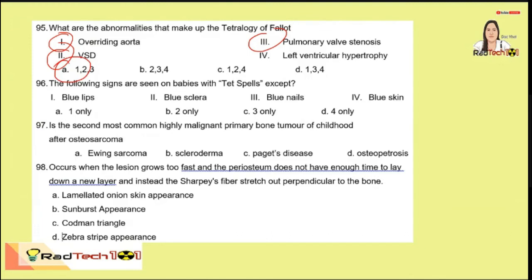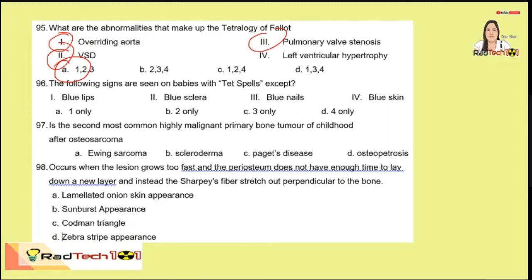96. So the following signs are seen on babies with TET spells except. So when we say TET spells, ito yung bigla-biglang nagkakaroon ng deep blue skin, blue nails, and blue lips yung isang baby pagkatapos niyang dumede or pagkatapos niyang umiyak.